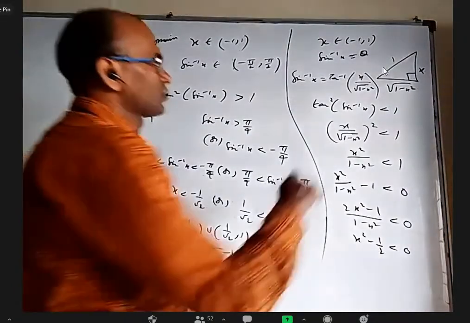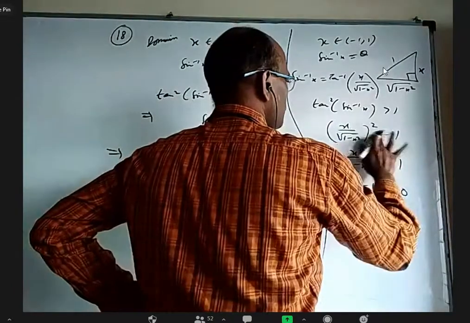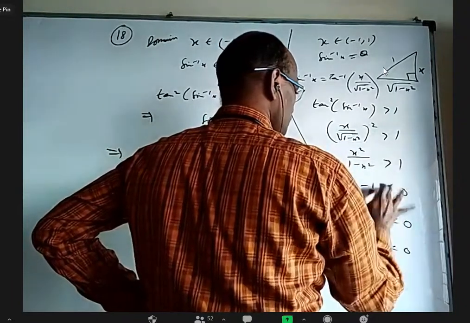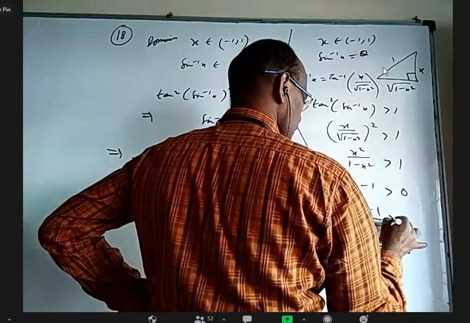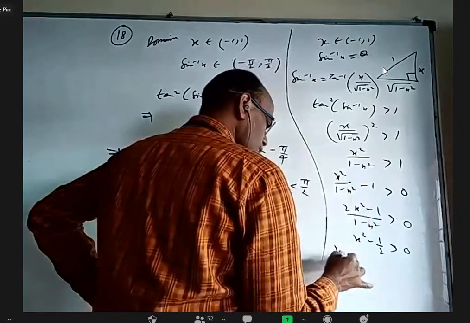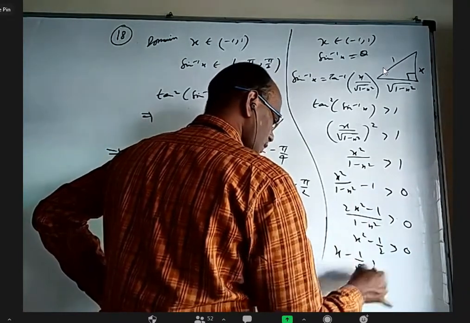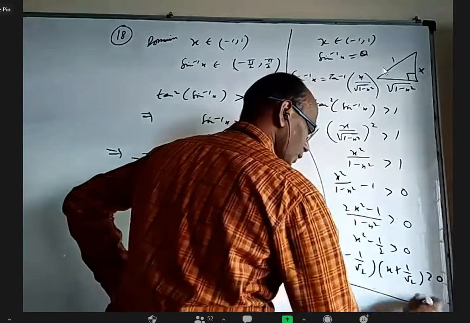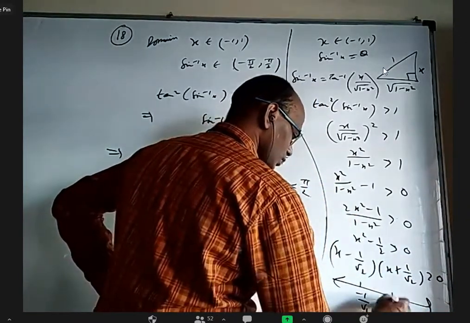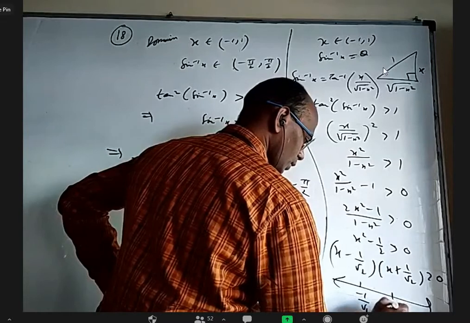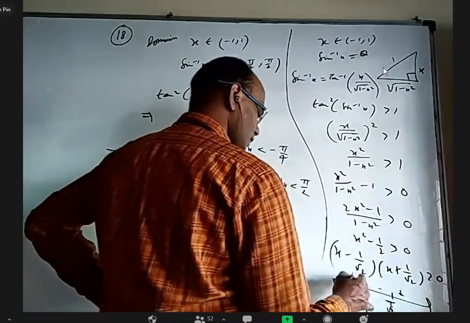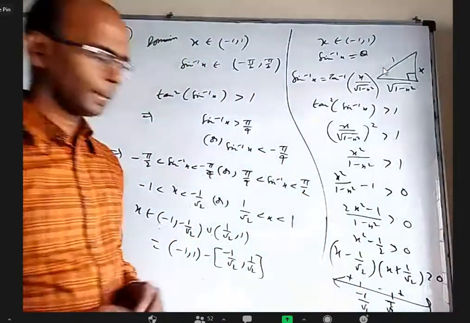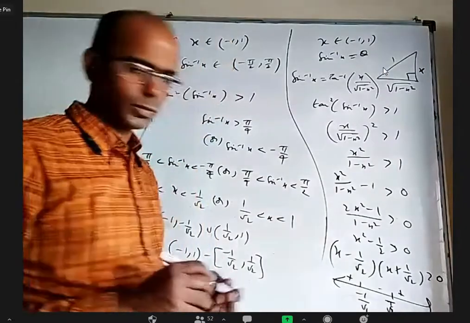The question is greater than, sorry. Yeah, the question is greater than 1. Okay, now this is x minus 1 by root 2 into x plus 1 by root 2 greater than 0. You take the number line, minus 1 by root 2 to 1 by root 2. Plus, minus, plus.